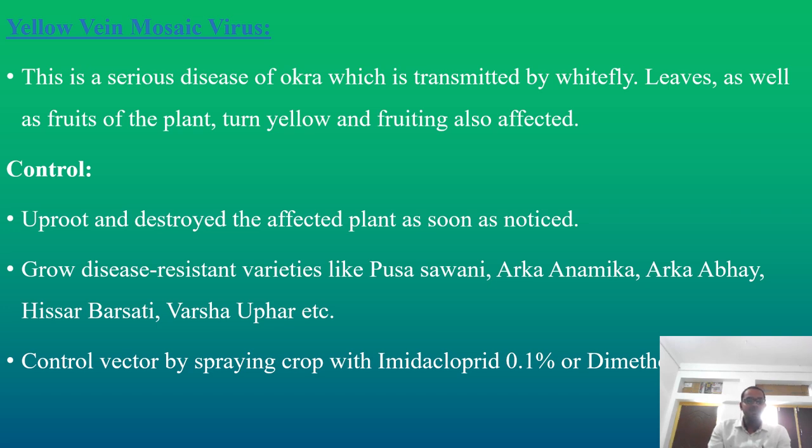We have to uproot and destroy the affected plant as soon as possible, and then we can go with varieties which have resistance against YVMV, like Pusa Sawani, Arka Anamika, Arka Abhay, etc. Or we can spray a systemic insecticide like imidacloprid 0.1% solution as and when the disease appears, to control the virus problem in okra. Thank you so much.